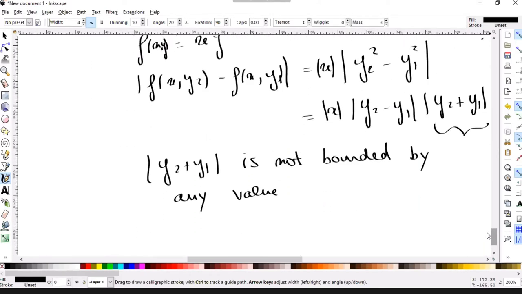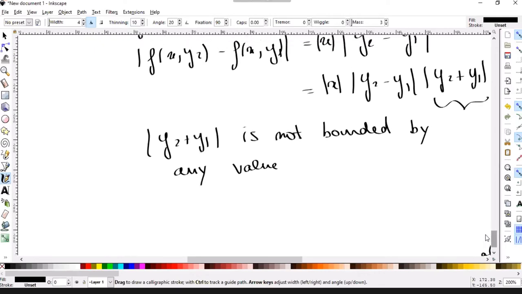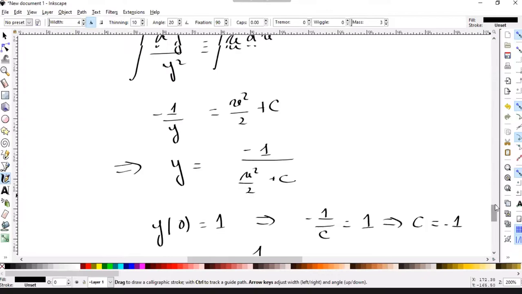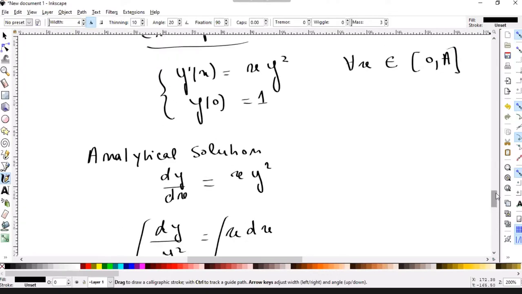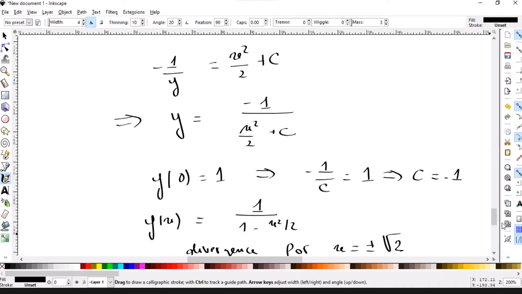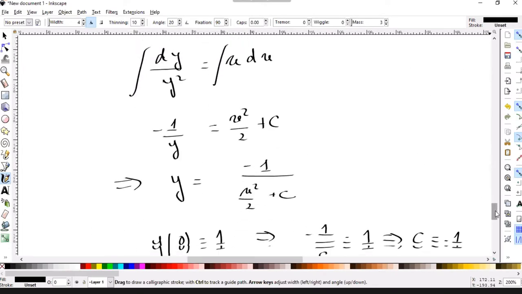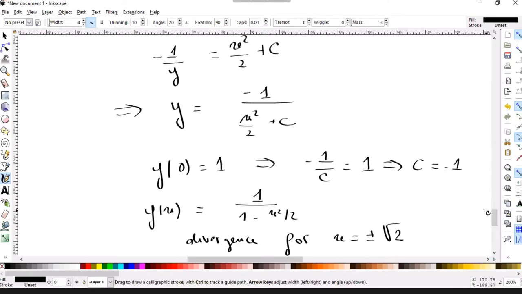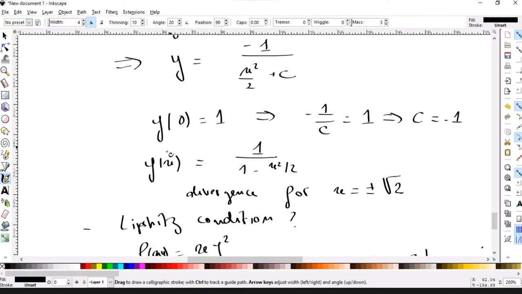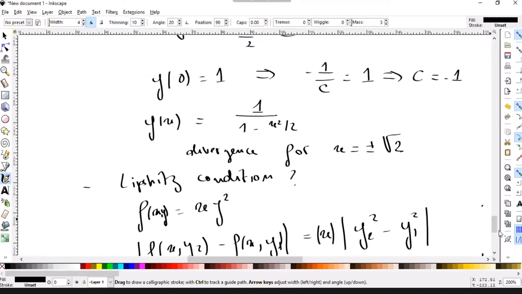So this problem will cause some difficulty to solve numerically because of this divergence, and because it's not a Lipschitz function, but mainly because of the divergence for x around plus square root of 2.